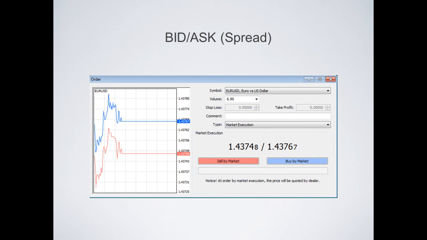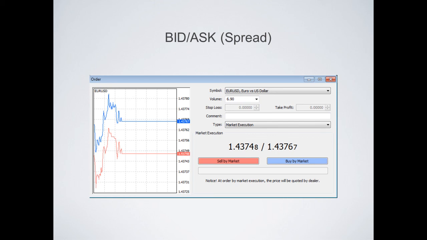And that's basically how the broker makes their money, and the gap between the two is known as the spread. Like I said, it may seem a little bit weird and complicated. It's kind of hard to explain in a video. It's something you probably have to experience for yourself, but that's basically how that part works.